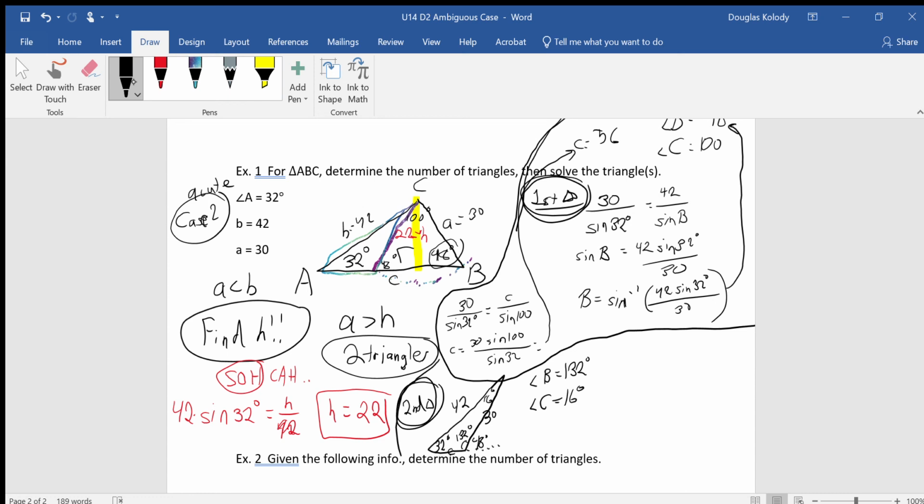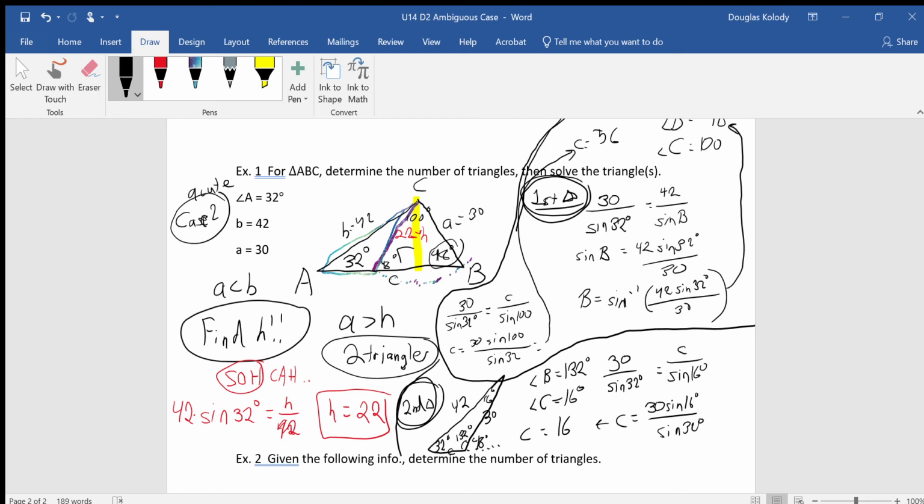The first setup is easy. 30 divided by the sine of 32 degrees equals side C over the sine of 16 degrees, because angle C is now 16. So side C is going to equal 30 times the sine of 16 degrees divided by the sine of 32 degrees. And if I plug all that in, I get C equals 16.